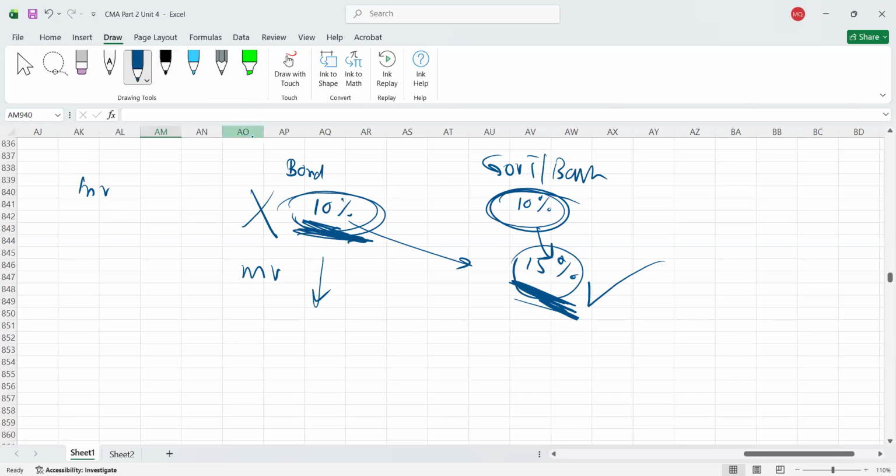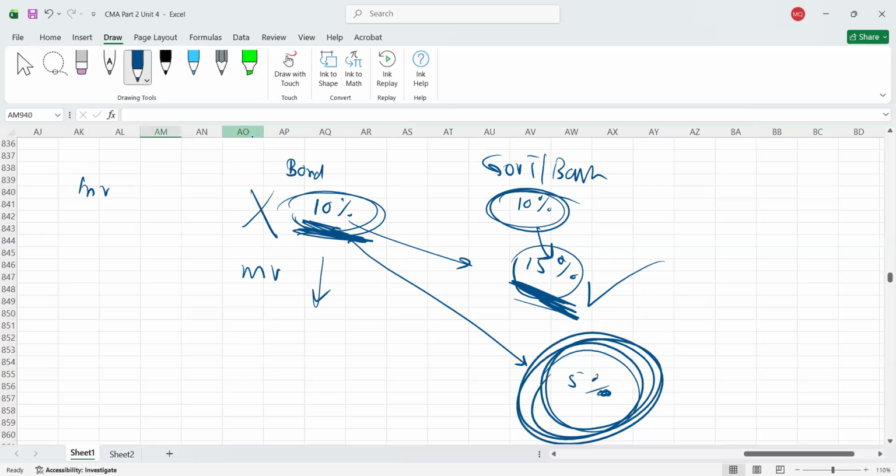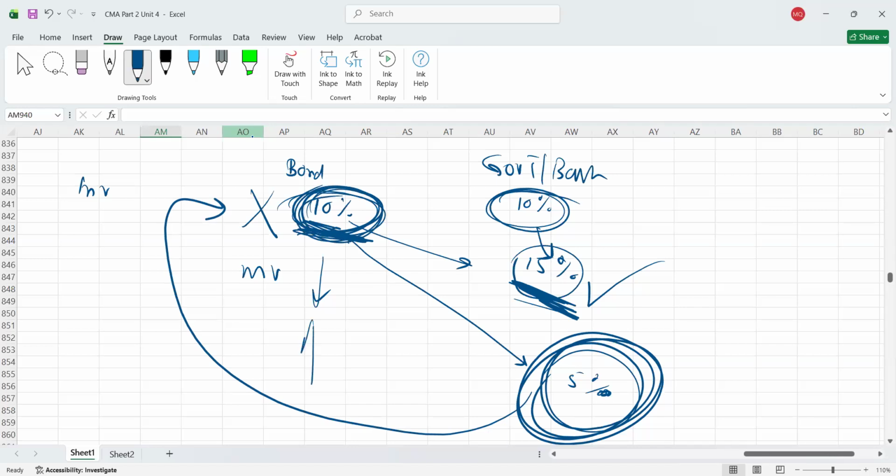If the bond is offering 10%, but in the banking sector it is 5%, people will withdraw their money from the bank because they are earning just 5%, and start investing in bonds. Bond demand will be created, and market value will go up.